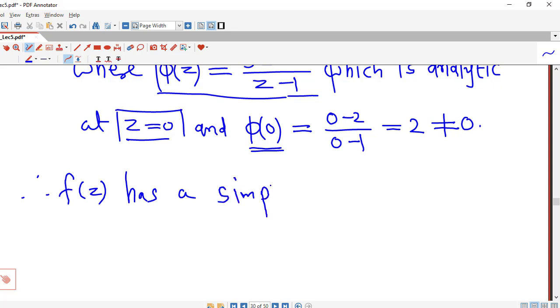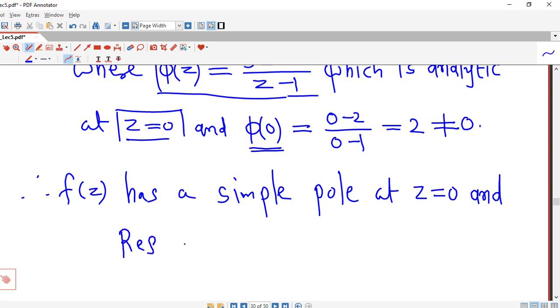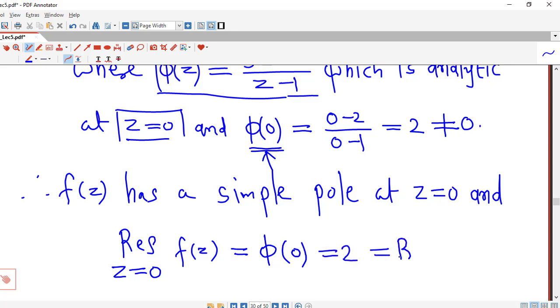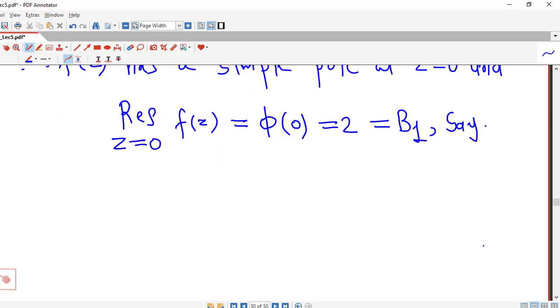A pole of order 1 is known as a simple pole. f of z has a simple pole at z equal to 0, and the residue of f of z at z equal to 0 will be equal to the value of function phi at z equal to 0, which is 2 here, and suppose we denote this residue by capital B suffix 1, so suppose b1 equal to 2.